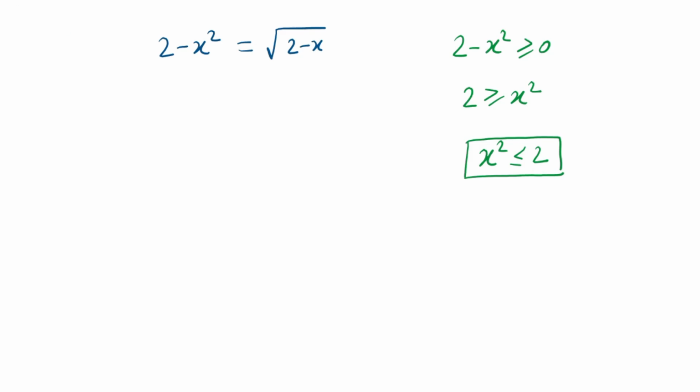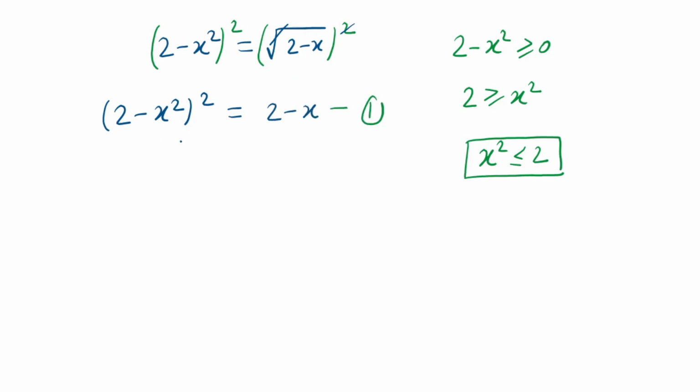Now look carefully, if we square both sides again, on the left hand side we have (2 minus x square) whole squared, and this equals, since the square root is cancelled out by the square, 2 minus x.